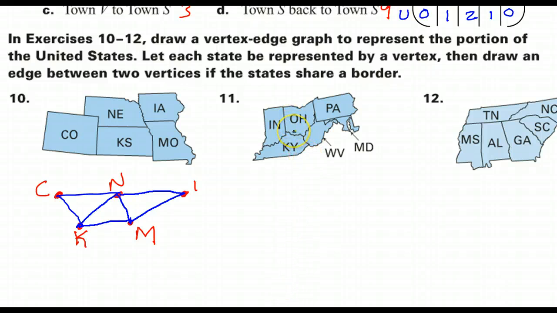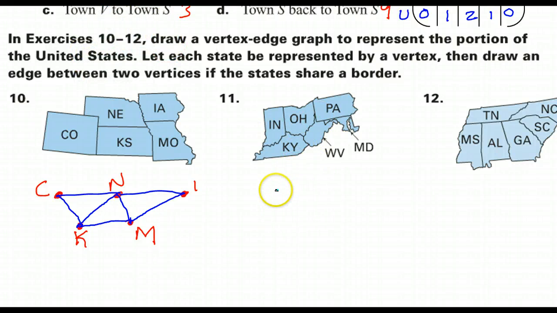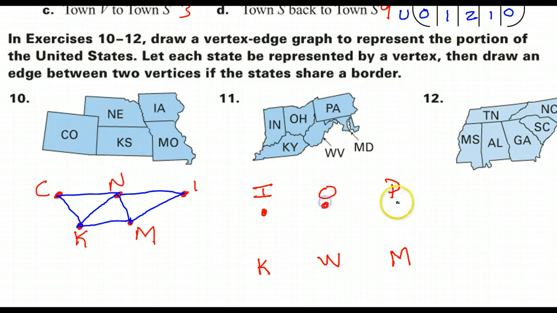All right, let's do it again for number 11 and 12. Okay, so we have Indiana, Ohio, Pennsylvania, Kentucky, West Virginia, and Maryland. All right, let's see what we got.